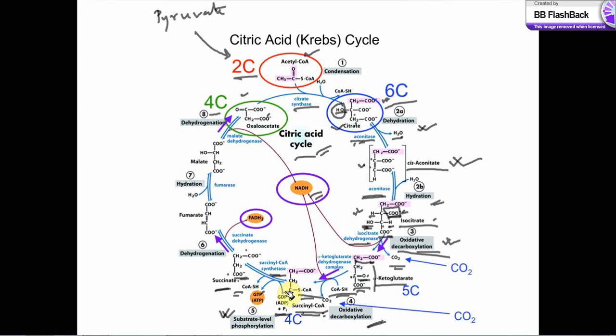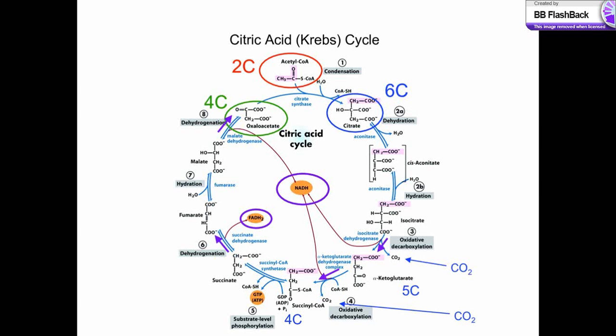This phosphate and this substrate form a combined molecule which is very short living, and with the help of this enzyme, this phosphate group joins this ADP or GDP to form GTP or ATP.